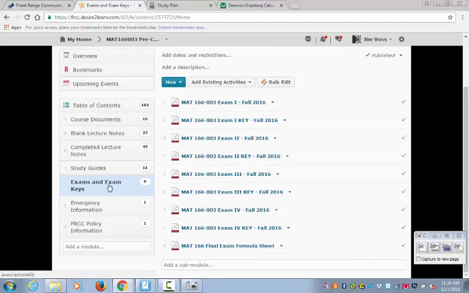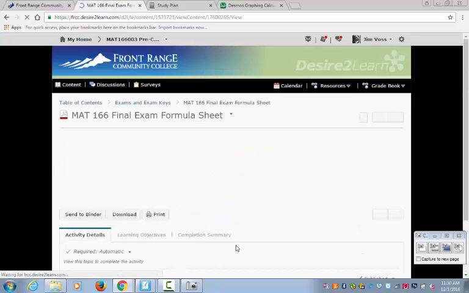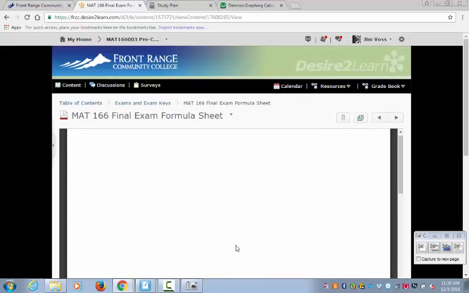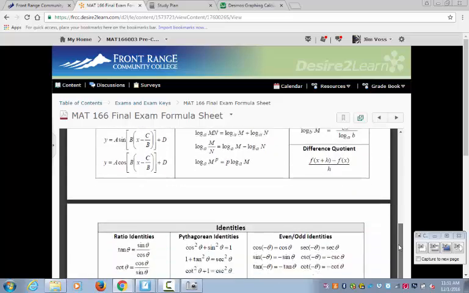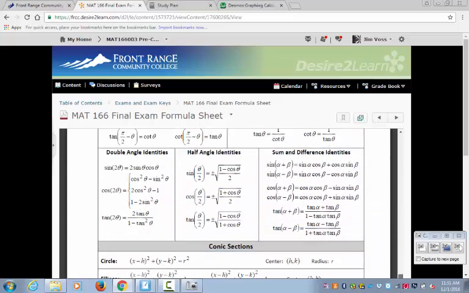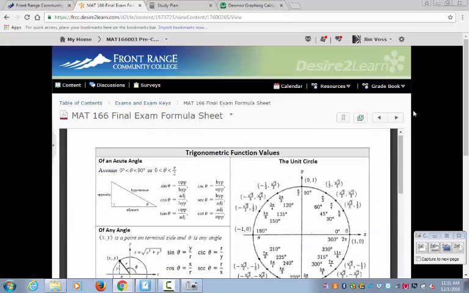So it's under exams and keys, right there, formula sheet. So I will bring copies of that. You don't need to print it out and bring it. I'll bring copies of it for you. But this is so you know exactly what's going to be on it. It's 2 pages. All that stuff's on it. A lot of stuff. So much stuff.